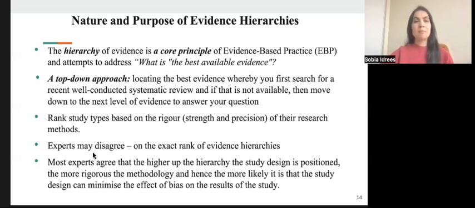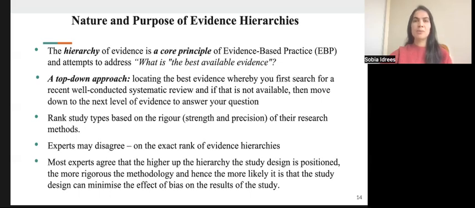But most experts agree that the higher up the hierarchy the study design is positioned, the more rigorous the methodology, and hence it minimizes the effects of bias on the results of the study. So when there are minimum biases in the results of the study, the findings are more valid and applicable to patient care. So this was all about today's session on module 1.